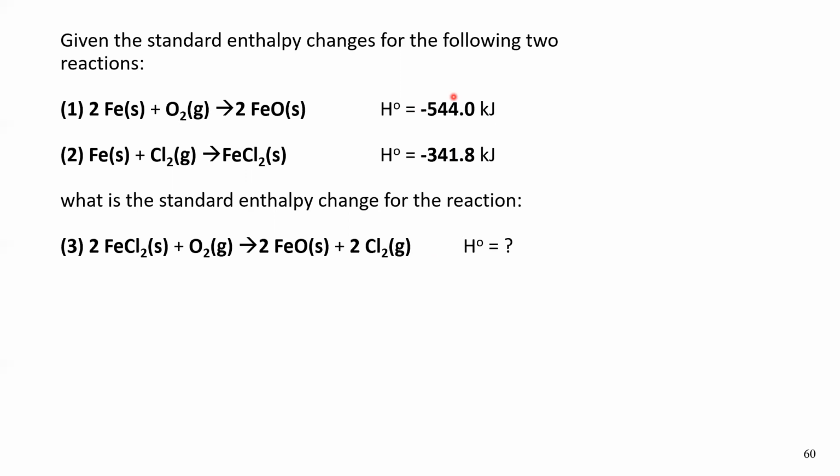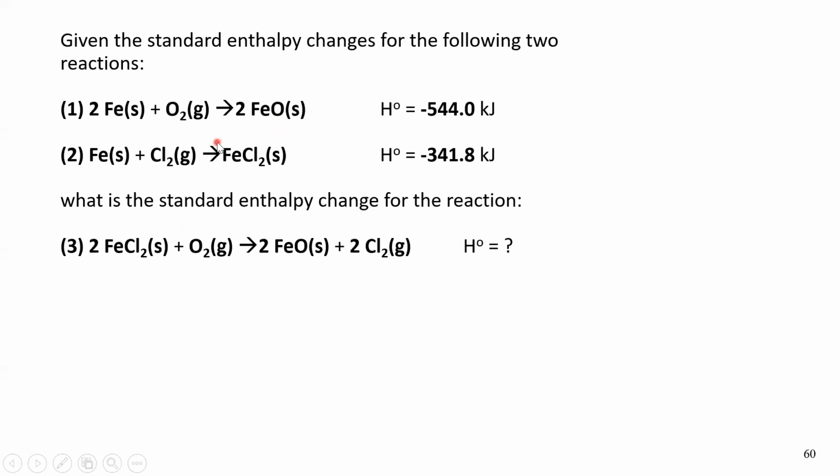So the way we would want to work this out is we want to end up with iron 2 oxide on the product side. And it's on the product side in what we're given. But we're going to want to end up with iron 2 chloride on the reactant side when we're all done. And it's given to us on the product side in the second reaction.